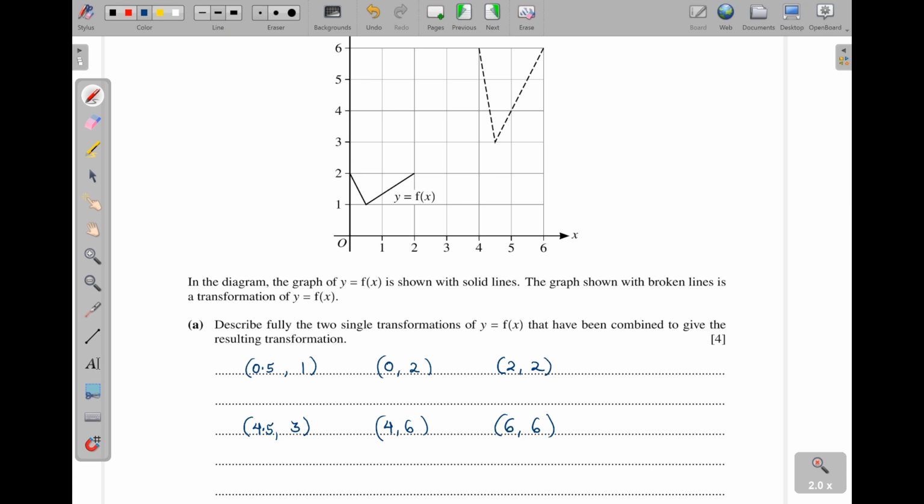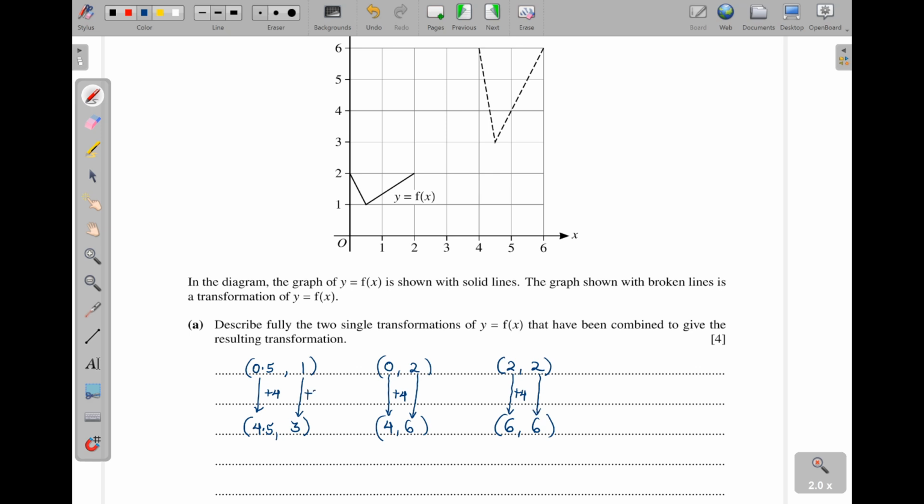Now, let us look at the x coordinates. What is happening to them? If this is 0.5 and this is 4.5, what was done there? I think they added a 4, right? Is it the same thing to this one, 0 plus 4? Is it the same thing to this one, 2 plus 4? Then the y coordinates, let's see what is happening to the y. 1 to 3, 2 to 6, then 2 to 6.